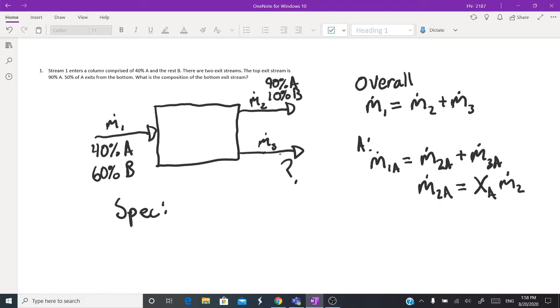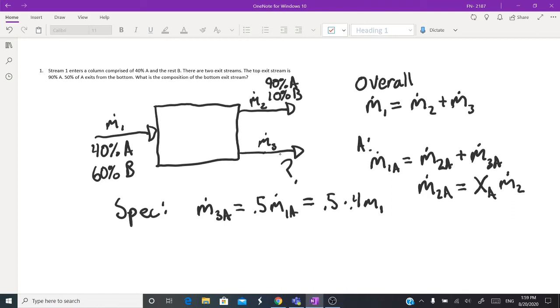That means that M3A is equal to 50% of M1A, and that is equal to 50% of 40% of M1.